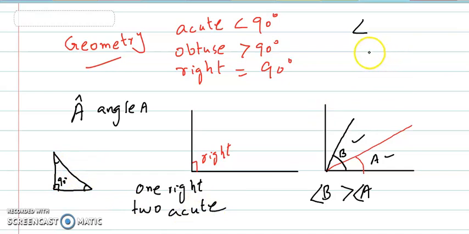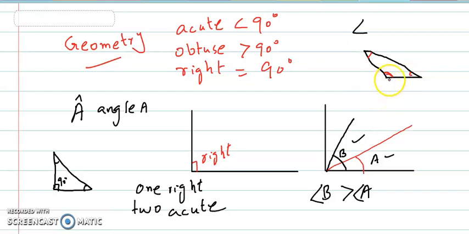Okay, if I draw the triangle in this way, this is another triangle here, then this angle is an obtuse angle. This angle is an obtuse angle. So if we have one obtuse angle, then the other two must be acute angles.